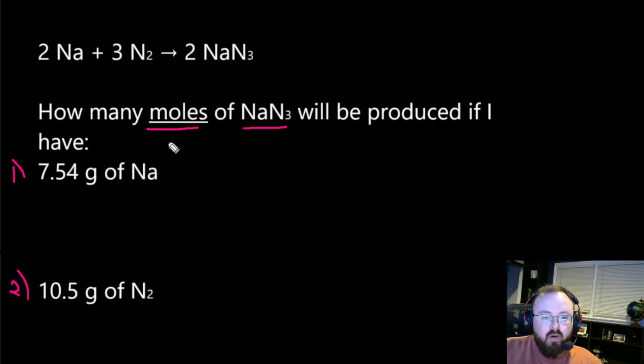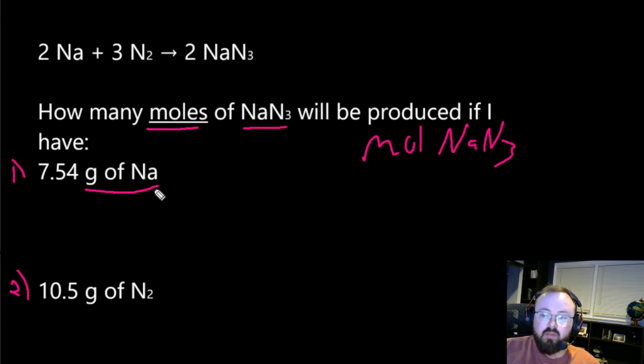Let's look at what I am asking for. I want to end up with my final product being moles of NaN3, and my starting value is grams of sodium. There is no direct path between grams of sodium and moles of NaN3.